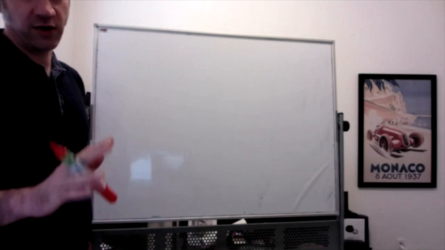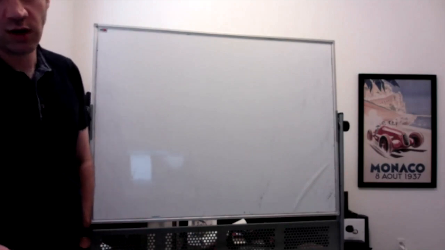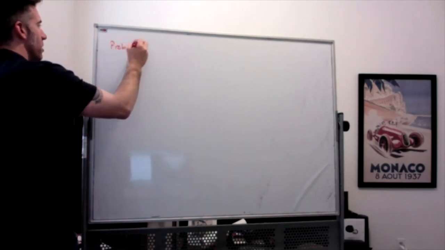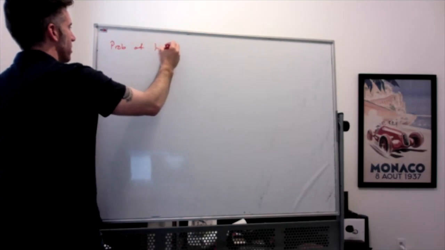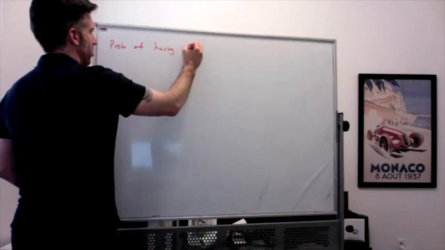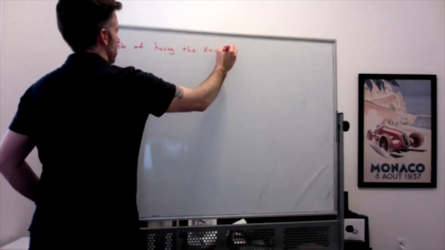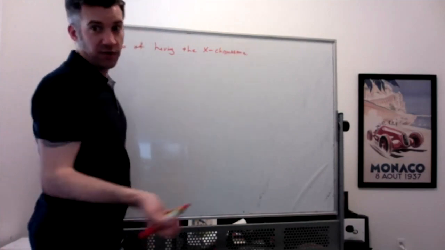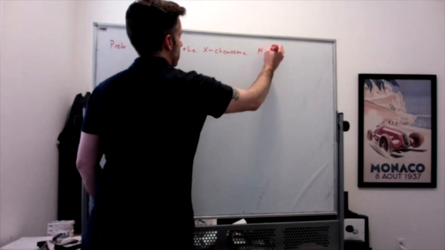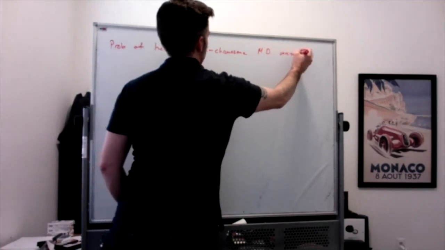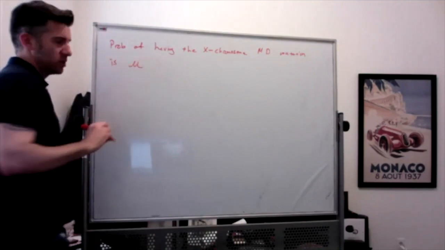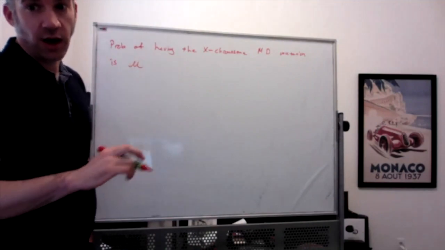So muscular dystrophy on the X chromosome, let's assume with a probability of mu. So we're saying the probability of having the X chromosome muscular dystrophy mutation is mu, which we also use for the mean sometimes.